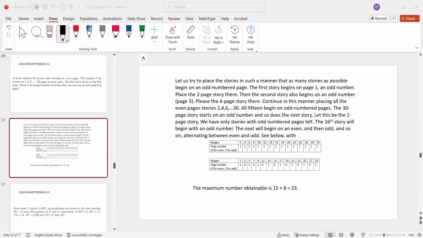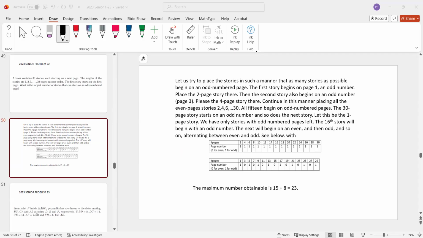That was my mistake. So this is a 2-page story, and this will take pages 1 and 2. And page 3, which is the odd number page, I place a 4-page story there, right? And that will make the next story start at an odd number and put the 6-page story. So you put all the evens like this.